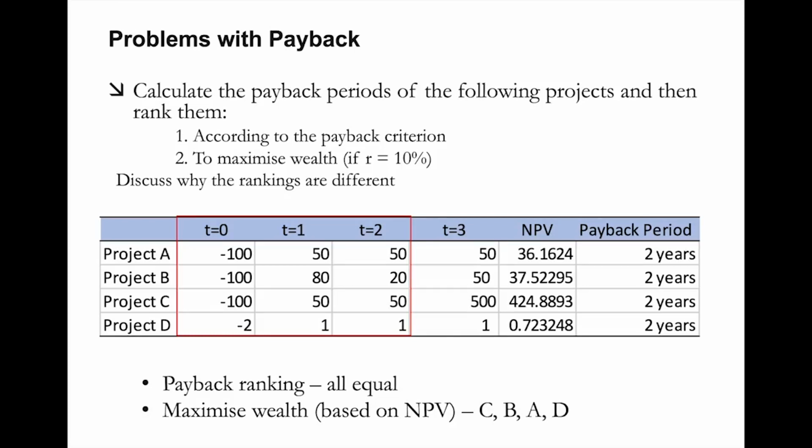Project A is next at $36, and lastly Project D at 72 cents. Now they're all positive NPVs, but we can see that the payback period has essentially said these are all equal. But the net present value has said something completely different, and there are some obviously more valuable projects.